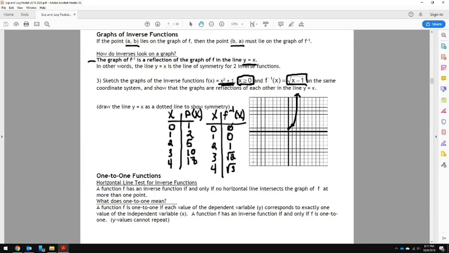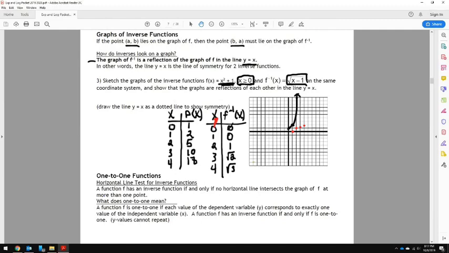So we'll graph this one. You see (1, 0), so we go out to here, and then we go to (2, 1). And then we go to (3, square root of 2), and (4, square root of 3), which ends up being a little bit higher.